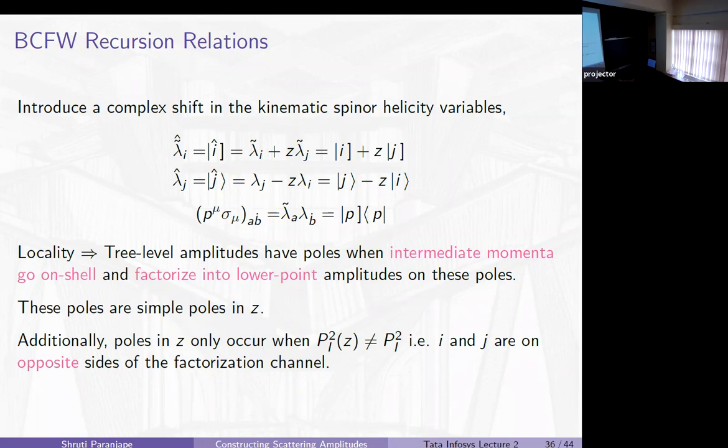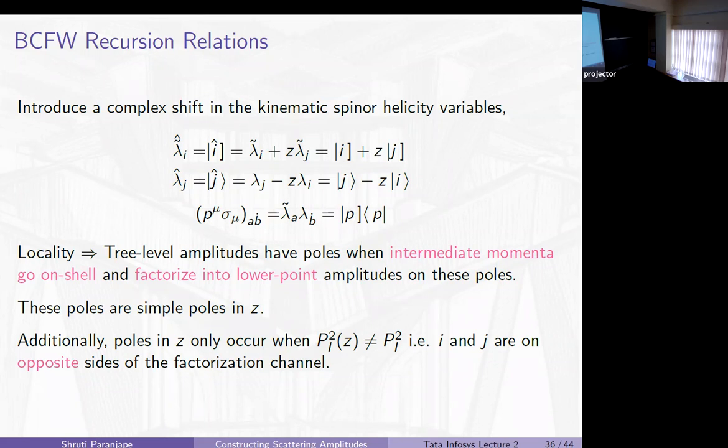It also makes it easy to see what the little group is. The little group should leave this invariant. Let me do some counting of data there. There are 2 lambdas, which are complex, regardless of whether P is complex. Each lambda is 2 complex numbers, so there are 4 complex numbers in lambda tilde.